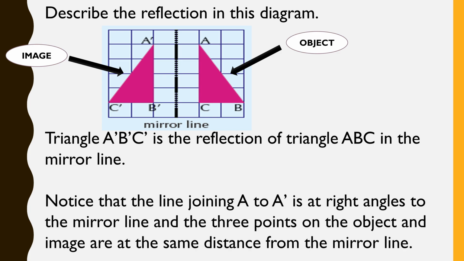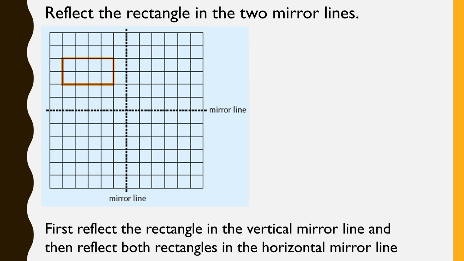You notice that the line joining A, which is the object, to A', which is the image, is at right angle to the mirror line. And the 3 points on the object, that is the 3 vertices on the object and the image, are the same distance from the mirror line. We talked about this before in the first 3 slides.